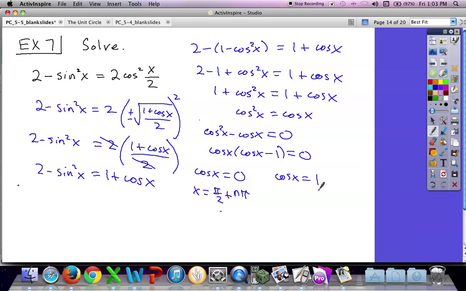So x equals 0 plus n times 2 pi. And you don't need to write the 0 plus because that's the same thing anyways.